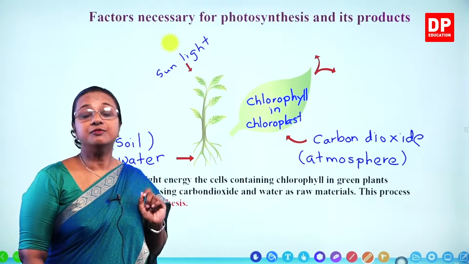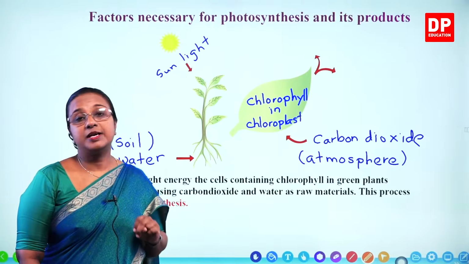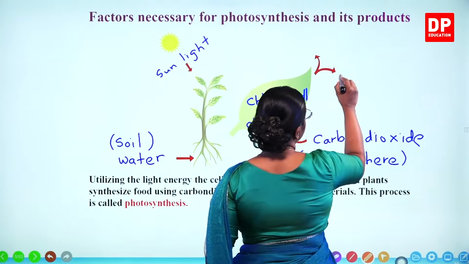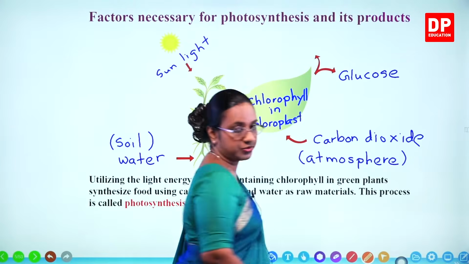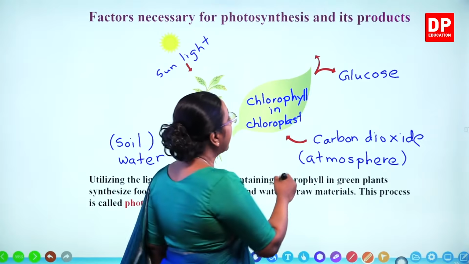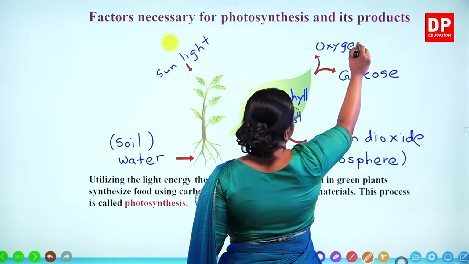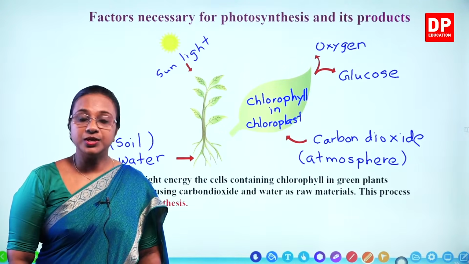And chlorophyll is present internally. And when the photosynthesis process takes place, there are 2 products produced. One is the glucose, that is the main product of photosynthesis, and the other one is oxygen gas. That is the byproduct of photosynthesis.